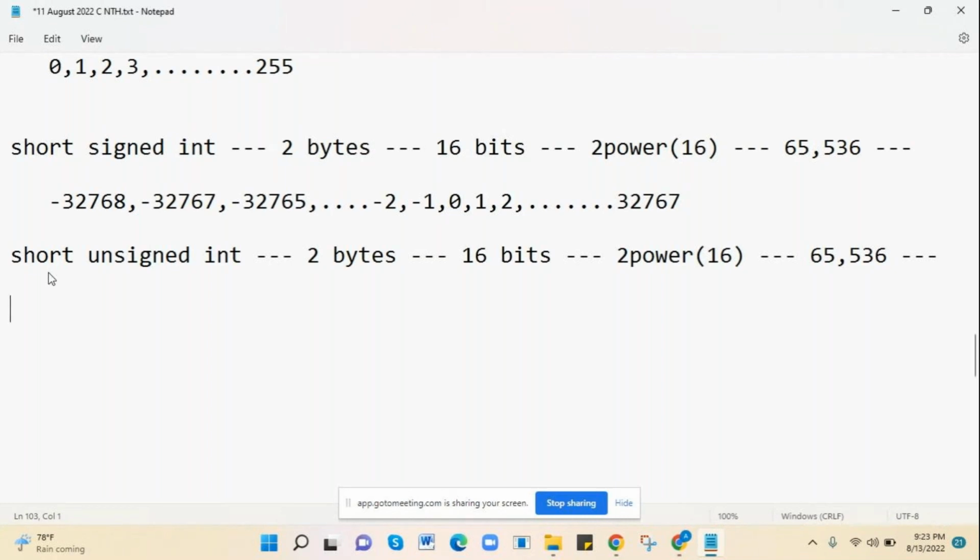So the values start from 0. Why? Because it is unsigned. So the last value is 65,535, because it includes 0 also. It is actually 65,536 values. It includes 0, so the last number is 65,535. So this is about short unsigned int.